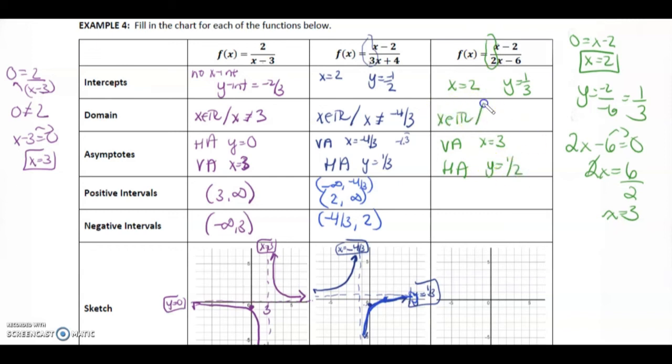Okay, so the domain is every number except for the vertical asymptote, which is 3. So let's go ahead and plot 2, 1/3. Vertical asymptote is at 3. Okay, horizontal asymptote is at 1/2.